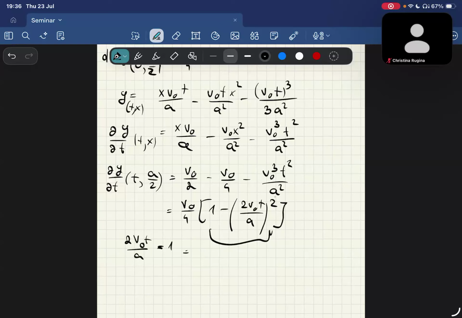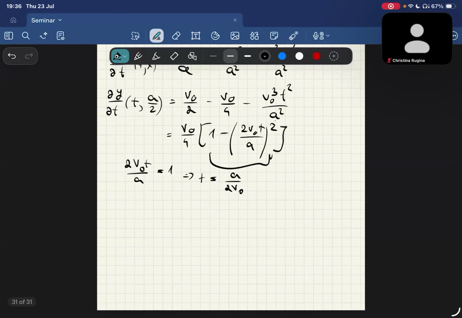That means the maximum displacement comes when t is equal to a over 2 v0. Okay, so when the velocity is 0, we will get the maximum displacement.